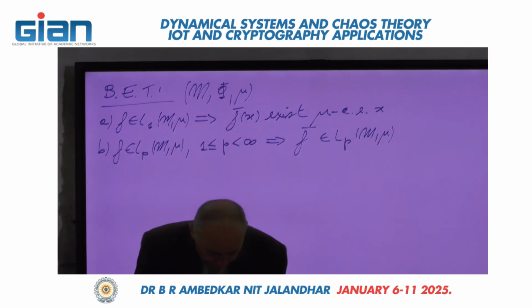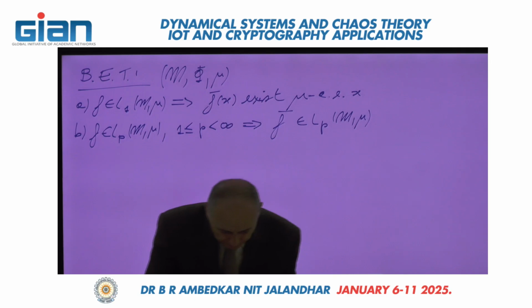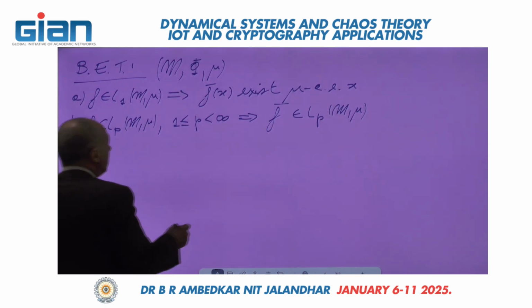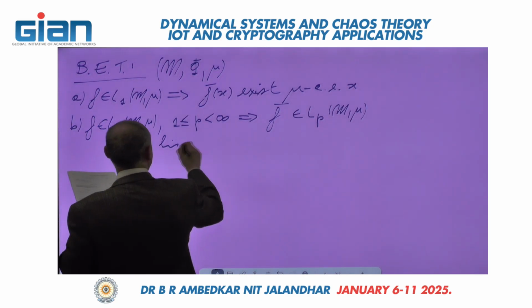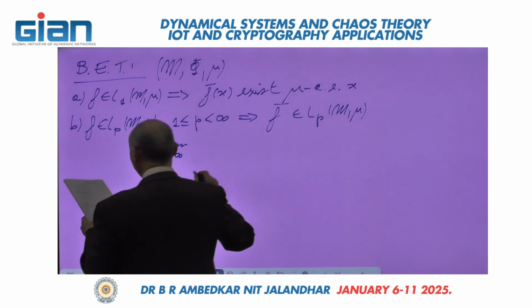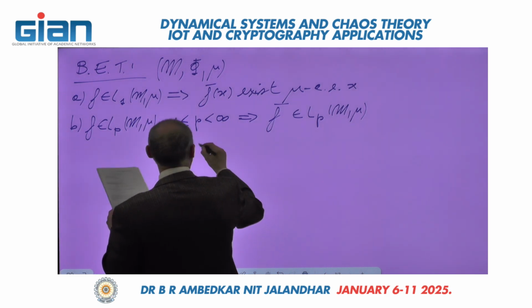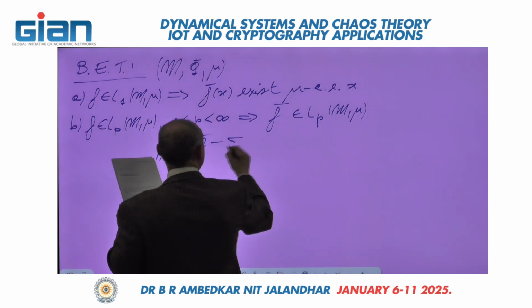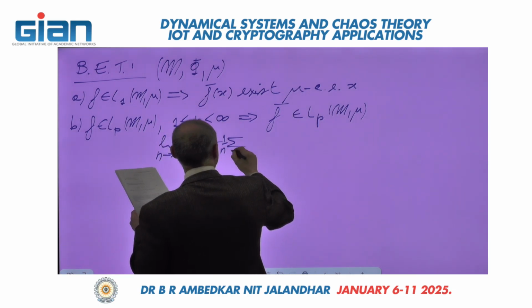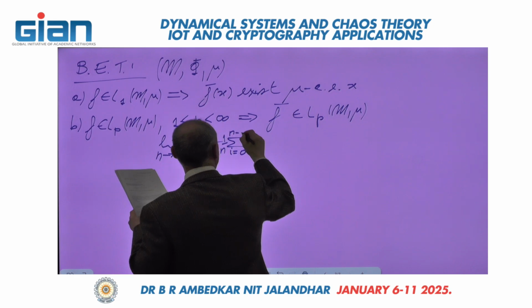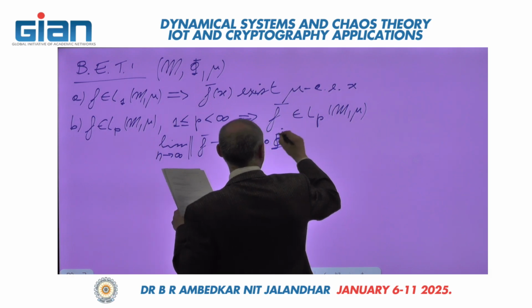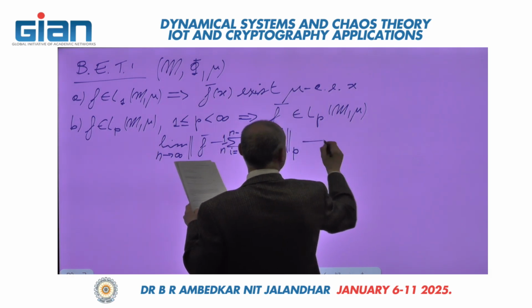C. It also converges in the norm. Say for discrete dynamics, the limit as n goes to infinity of the p norm of f bar minus the sum, 1 over n, sum over i that goes from 0 to n minus 1 of f composed with the dynamics phi^i, this norm goes to 0.